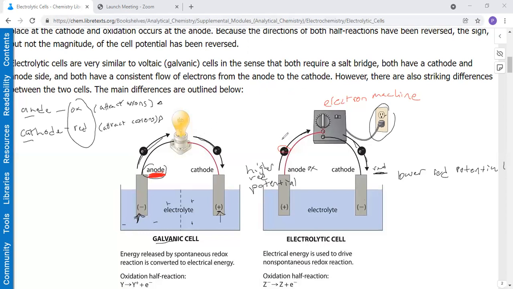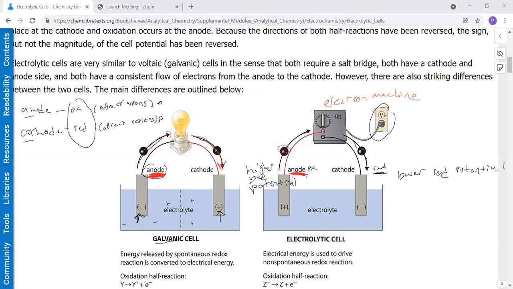So if the potential to lose electrons is higher at the anode, that means that we would naturally go this way in the galvanic cell. But here in this electrolytic cell, this anode does not naturally have the more potential to lose electrons.